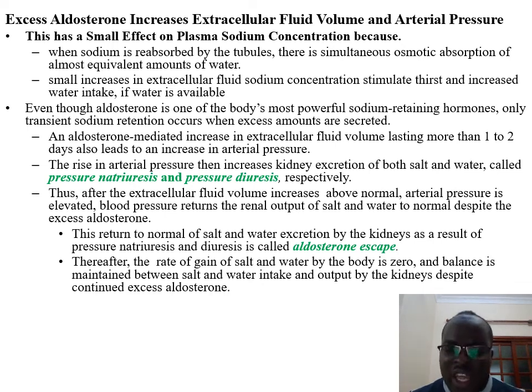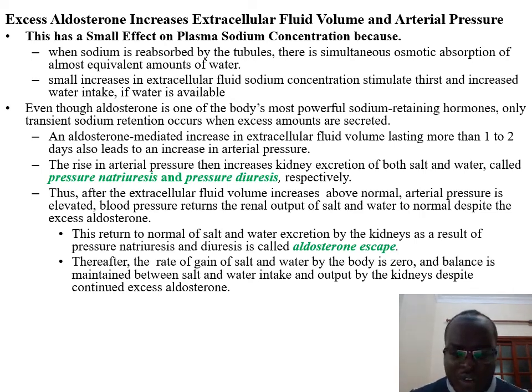The aldosterone escape is, by the way, the body resisting the clinical signs that are associated with an increase in aldosterone by increasing the arterial pressure and increasing the filtration of sodium and water at the same time. So sodium and water is going to be excreted. So you find that the adverse effects of aldosterone are being escaped by the body. So it's called aldosterone escape.